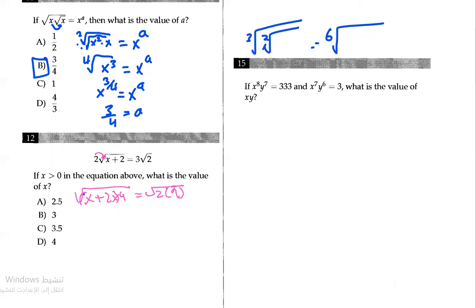Because both of them are square roots, we're going to delete them. So 4 multiplied by x is 4x, plus 2x multiplied by 4 is 8x, equals 9 multiplied by 2, which equals 18.